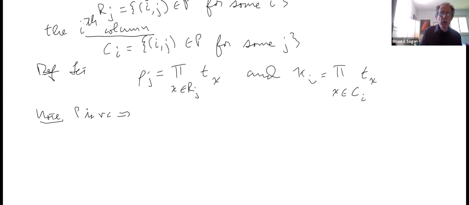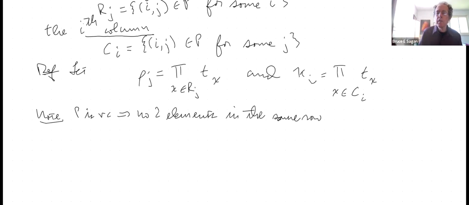So no two elements in the same row cover each other. But wait a minute, on one of your assignments, we proved that if two elements don't cover each other, what happens to their toggles? They commute. Exactly.